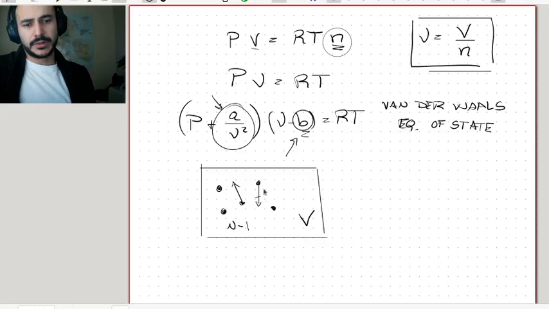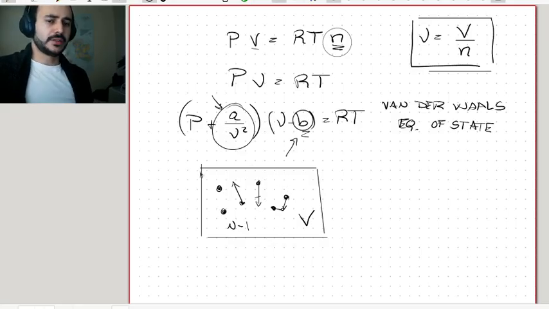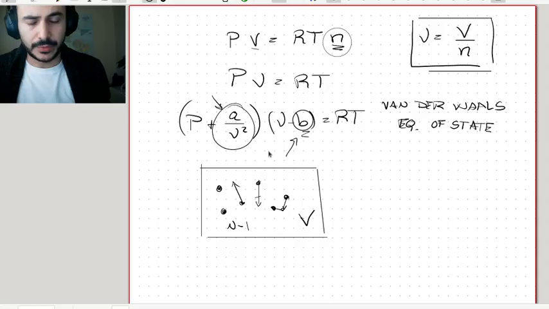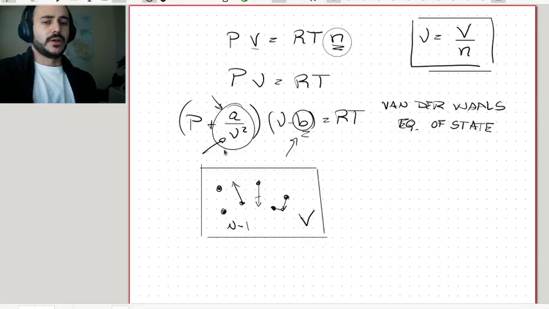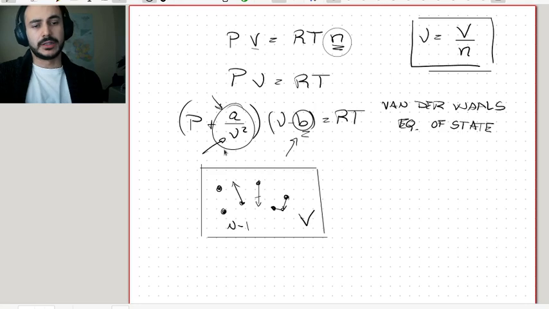But whenever you have a not so rarefied gas, with larger density, you may encounter situations in which two particles are going to interact, and these interactions are going to have an effect on the pressure. In this case, it's going to raise the pressure effectively, and phenomenologically it has been seen that this correction term goes like 1 over the molar volume squared.